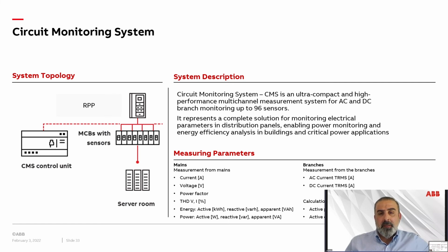So the second element, which is, I would say, a core for an RPP, is a circuit monitoring system. It is specially developed to meet the requirement of energy and asset management by monitoring and controlling the energy flow in sub-distribution board. It's very easy to install, appropriate for new and existing installation when it comes to retrofitting and upgrading existing installation.